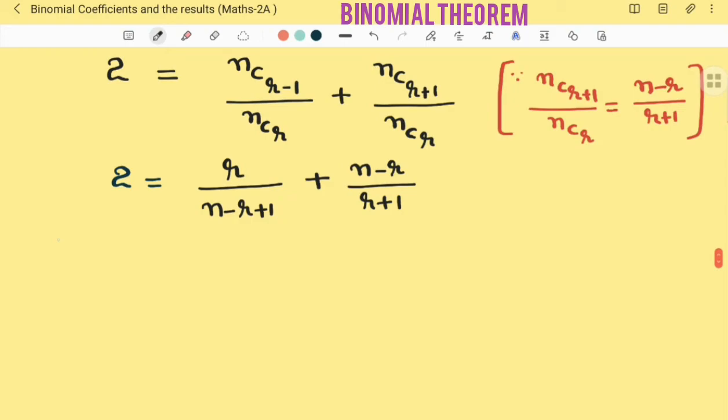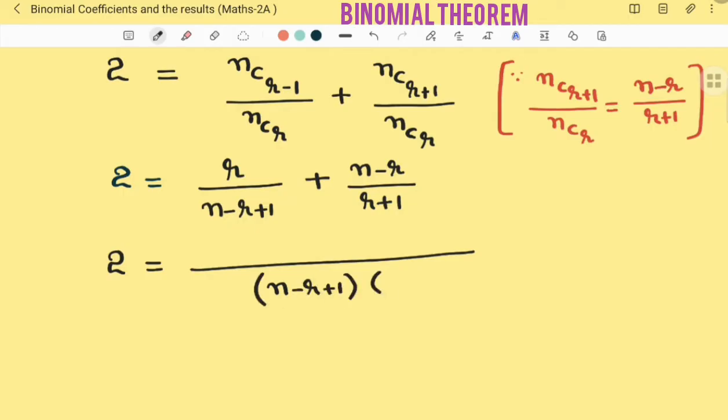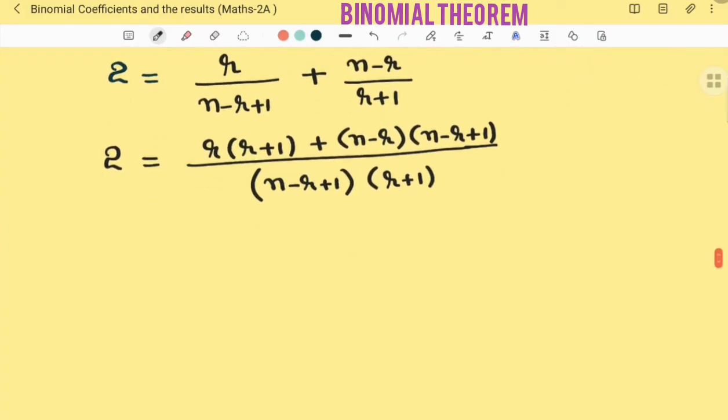Now take the LCM. 2 equal to (n minus r plus 1) into (r plus 1) here, r into (r plus 1) plus (n minus r) into (n minus r plus 1). So cross multiply.